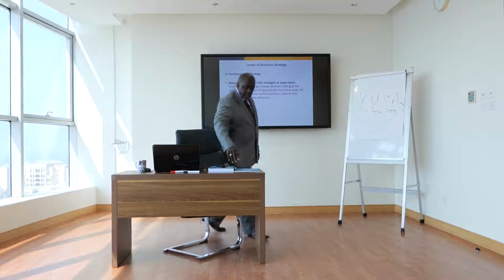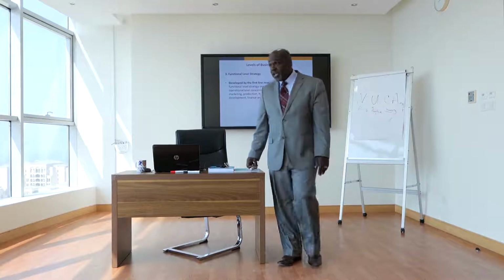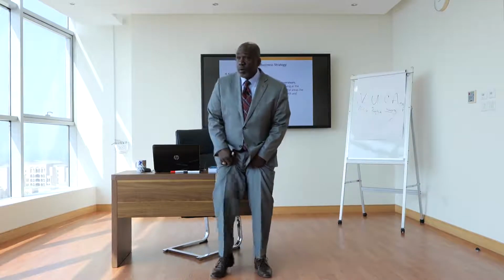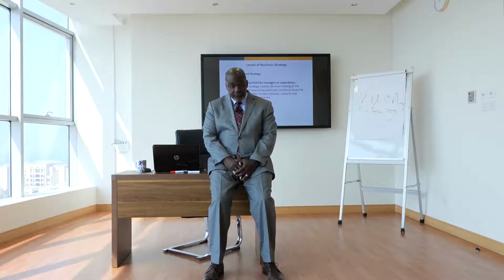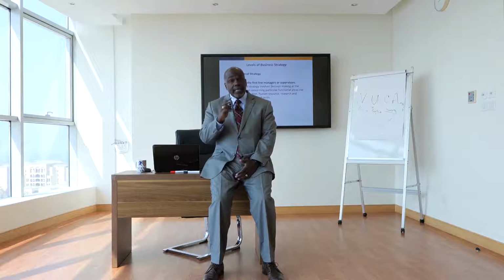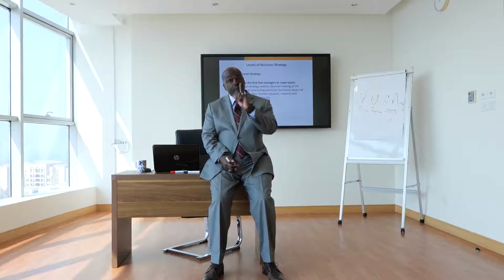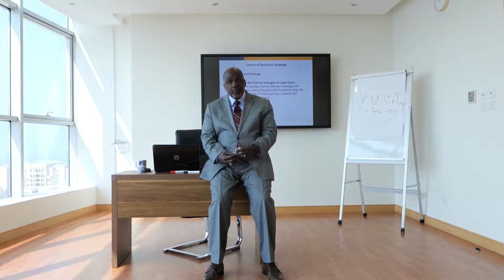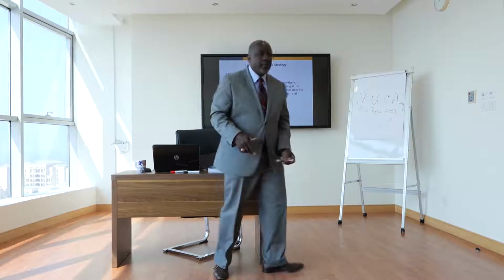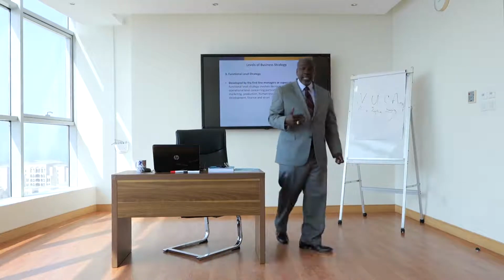As an employee, I'm sure many of you have sat down with your manager and they said, okay, let's talk about your yearly goals. Your yearly goals should be linked to your department's goals. Your department's goals should be linked to the business unit's goals. The business unit goals should be linked to the corporate goals, right? It cascades down and then it rolls up from the bottom. But all those should be linked.